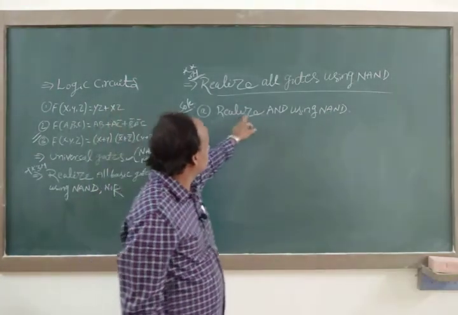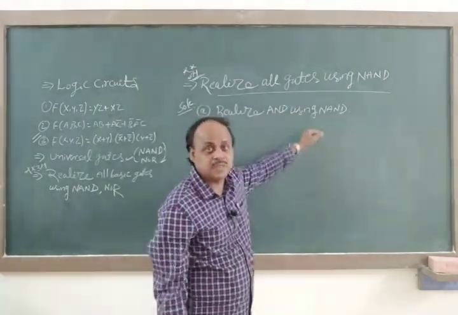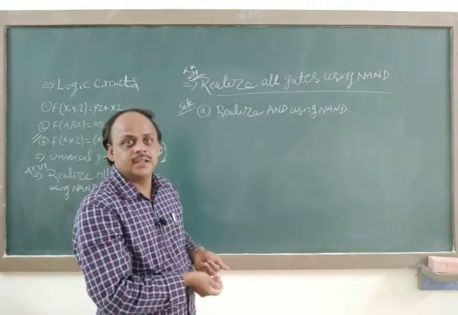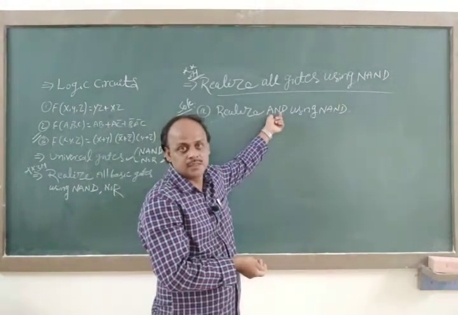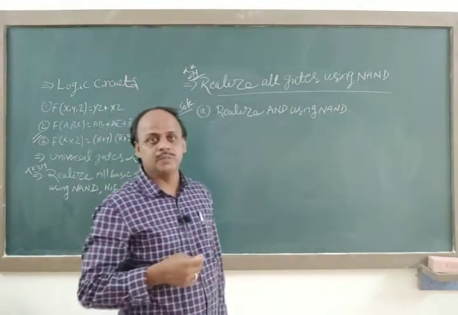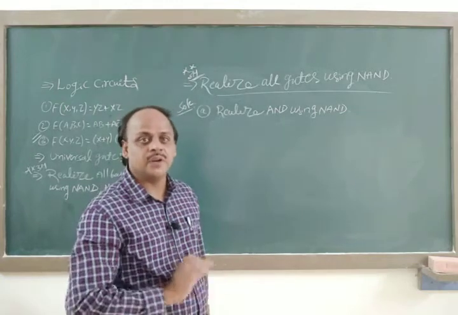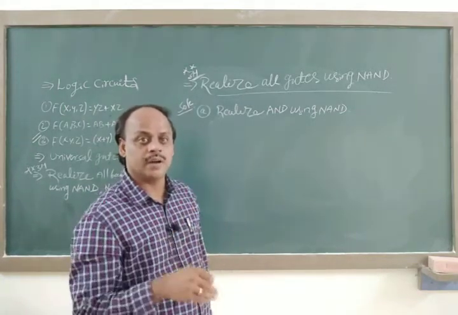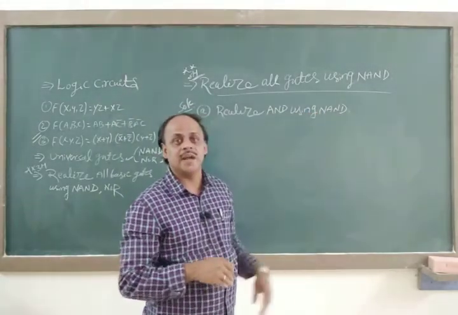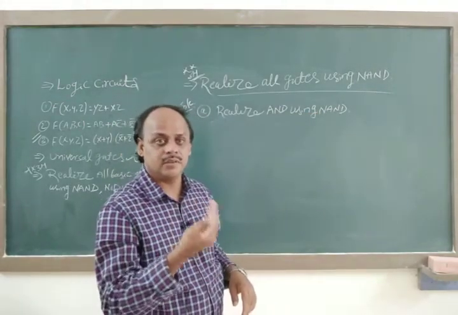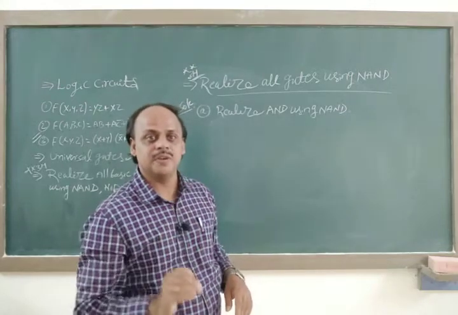Realize AND using NAND means we have to take a NAND gate and afterwards we have to get the AND result. Suppose x and y are the 2 input variables, using NAND we are getting x into y whole bar. Realize AND using NAND means we must get x into y.